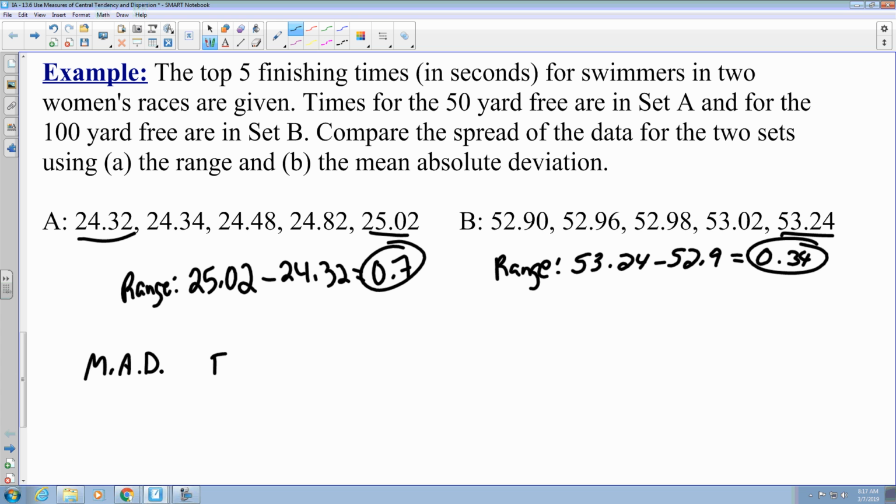You take 24.32 plus 24.34 plus 24.48 plus 24.82 plus 25.02, and then that gets divided by 5, since there are 5 values in the data set. Rounding to 2 decimal places, the mean in this case is 24.60.